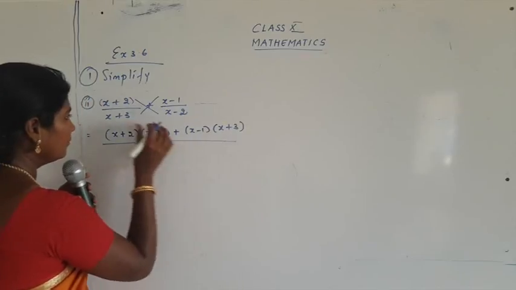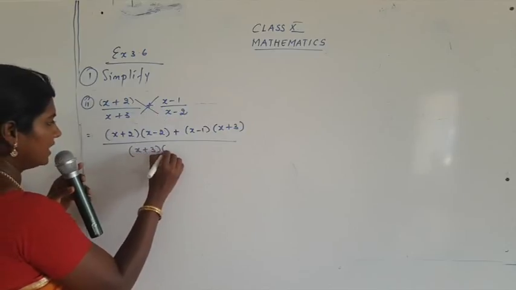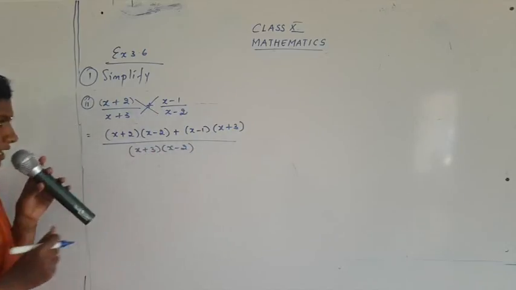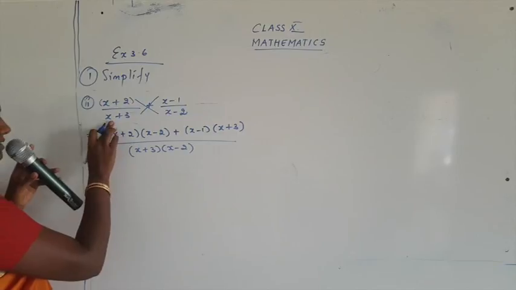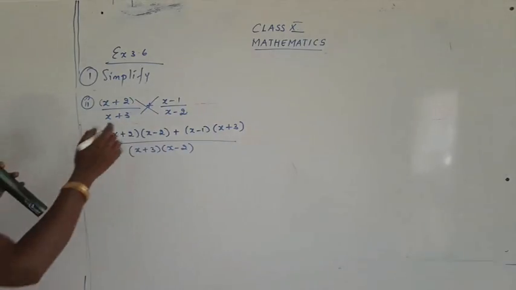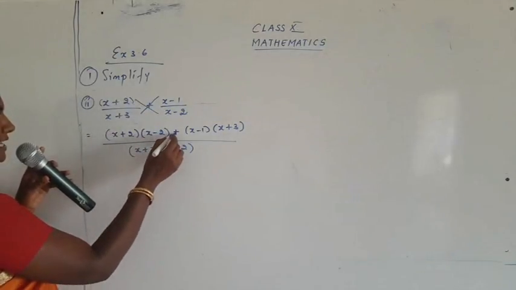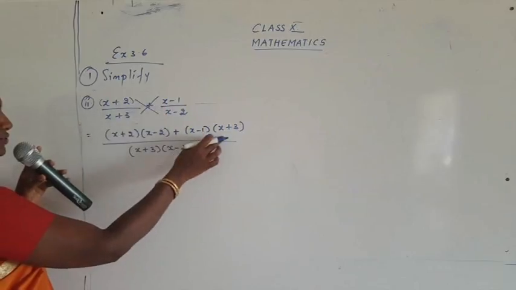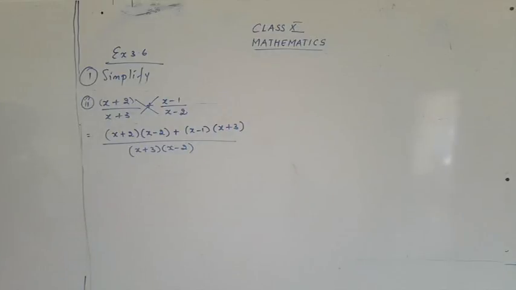Now you are going to bring these two denominators together, so (x+3)(x-2). This is a very, very important step. Understand the step carefully. Since the denominators are different, we have unlike denominators here, just cross multiply it: (x+2)(x-2) + (x-1)(x+3) upon (x+3)(x-2).